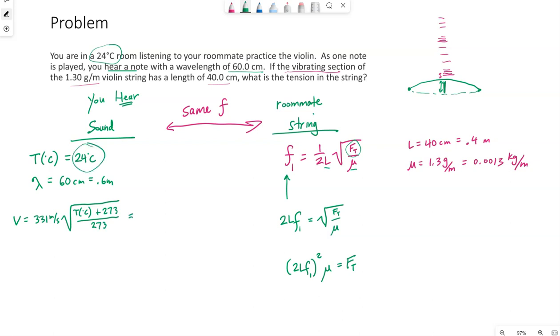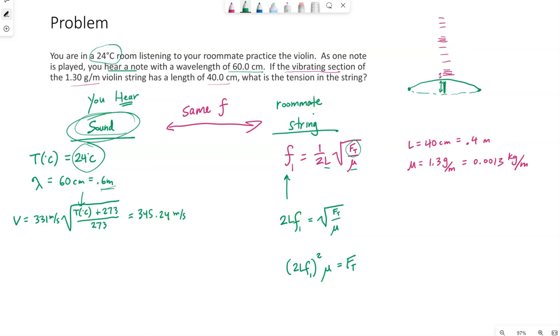If I go ahead and put my 24 degrees in for this temperature. See, there's too many T's here. So T with those parentheses of degrees Celsius is our temperature. Putting that in, I'm finding a speed of 345.24. I'm keeping a few digits out because I'm not at a final answer.